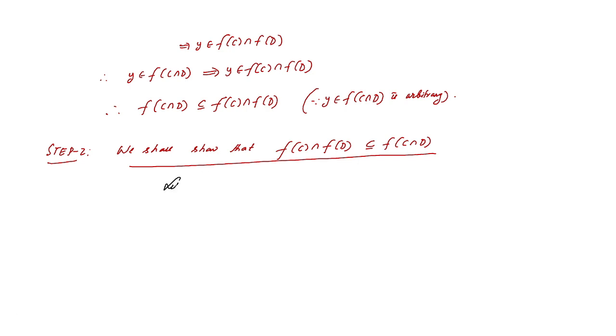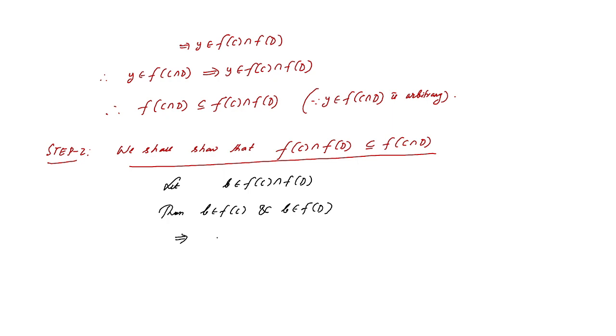So let us choose v belongs to f(C) intersection f(D). In that case we can write v belongs to f(C) and, by the definition of intersection, v belongs to f(D).